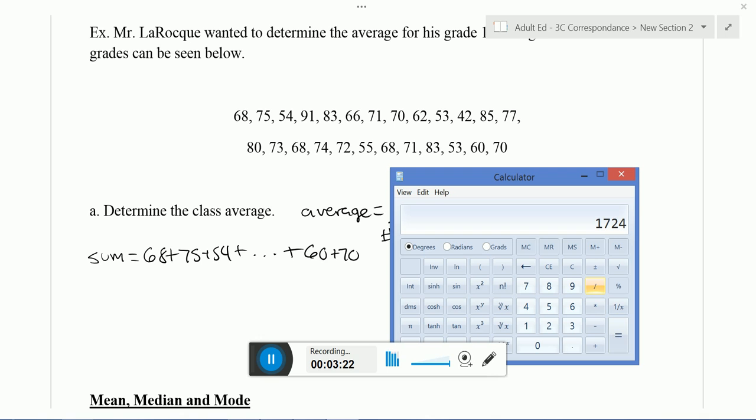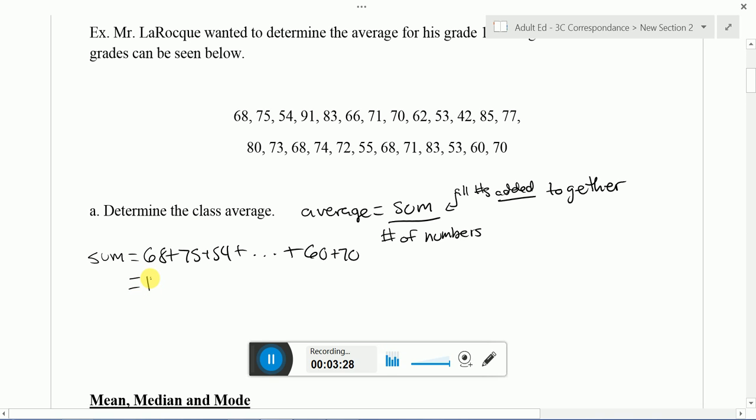Adding up all the numbers, we get a sum of 1,724. If we count how many we have, there are 25 numbers.